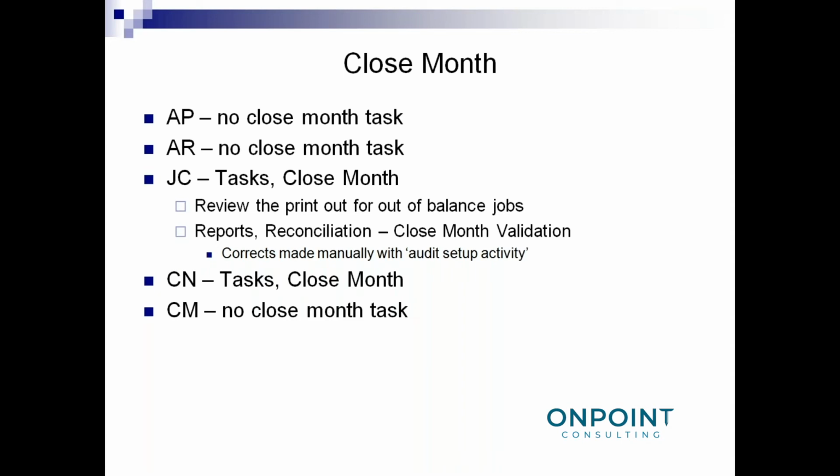Now, when you run your close month, if you take a look at page 12 in your handout at the top, and a lot of people don't realize this or forget, the close month routine in job cost prints a report to a print file that lists every job in your master file, and it's comparing a couple things.